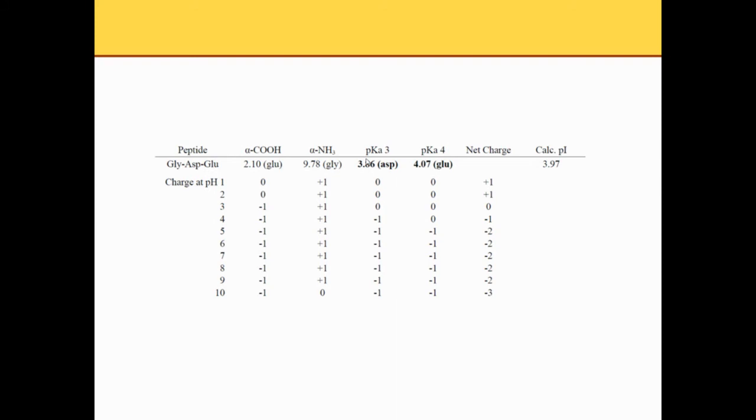You put the side chain pKa here, add everything together, and see these numbers. Then you find the middle numbers and take the average. That will be the PI.